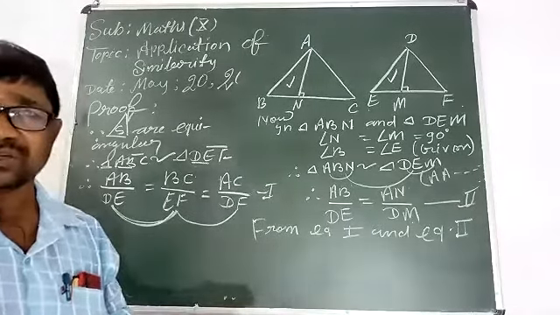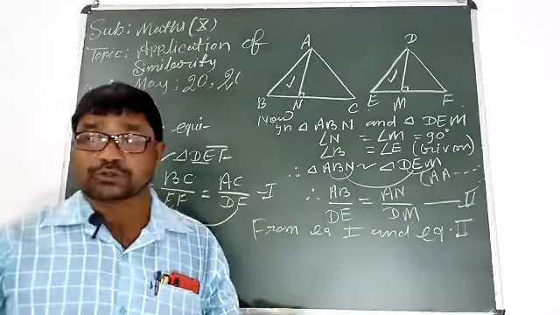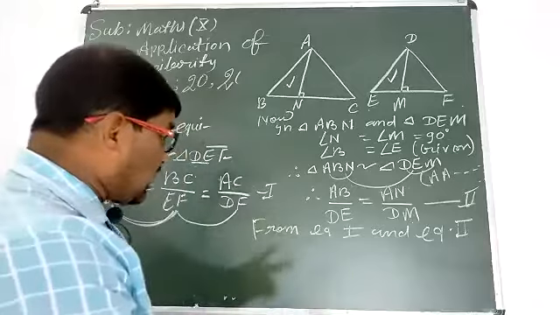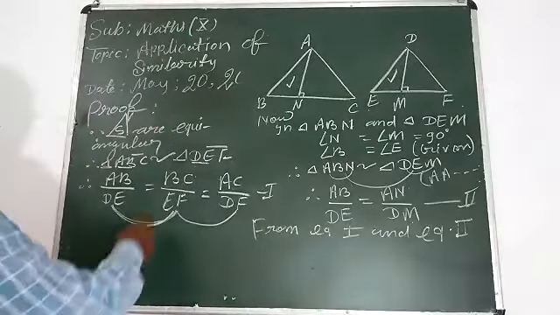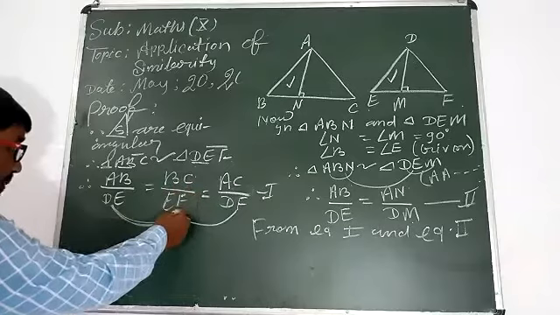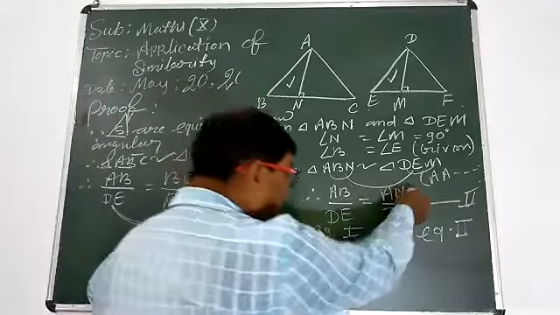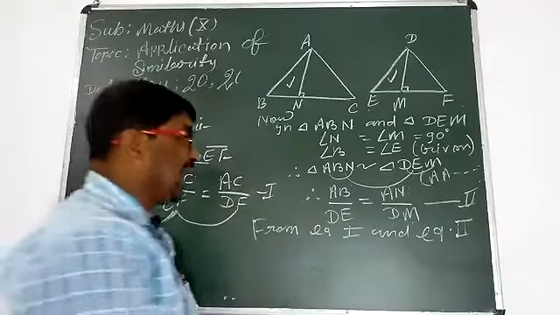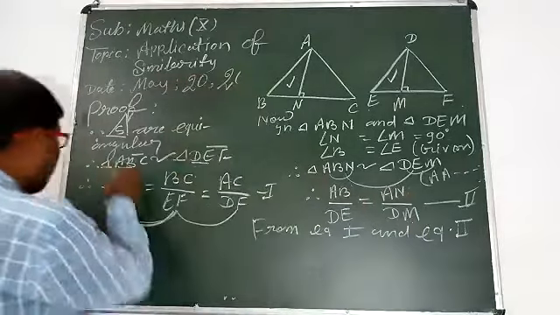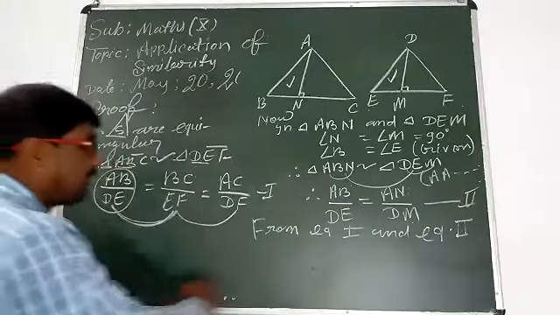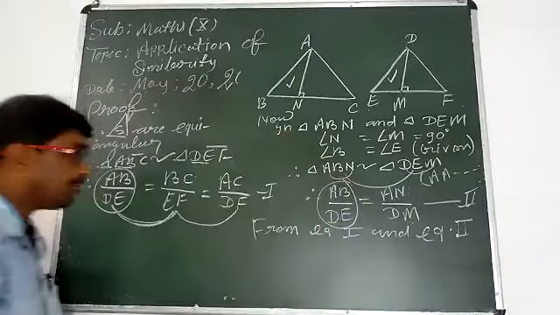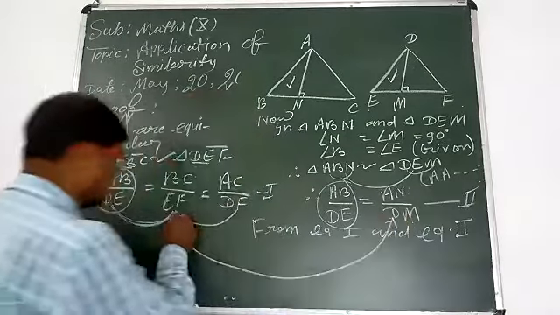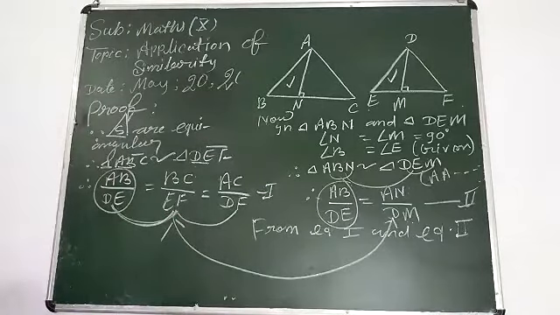Two things which are equal to the same thing are equal to each other. BC upon EF and AN upon DM are both equal to the same thing, AB upon DE.